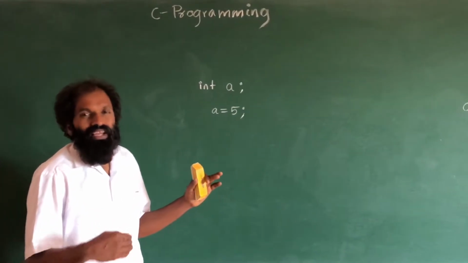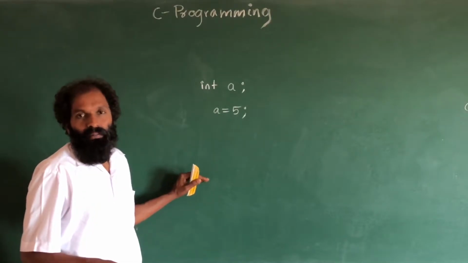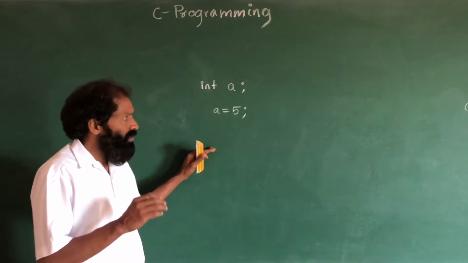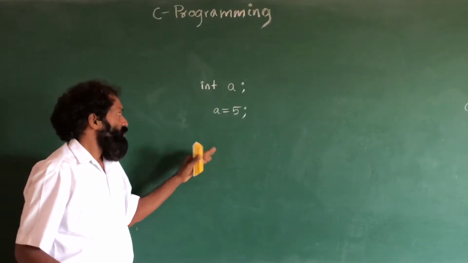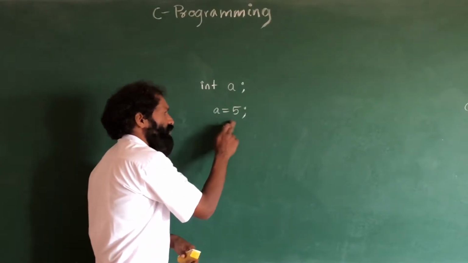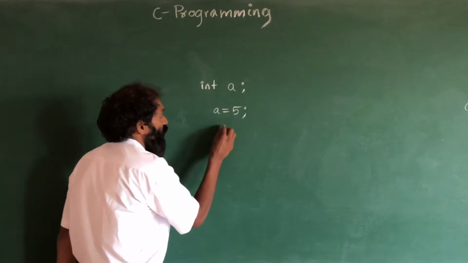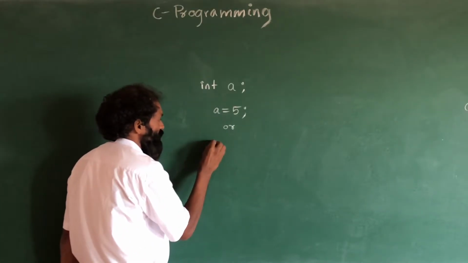If you want to display it on screen, we have to take printf and scanf. Printf means to display on screen. Scanf means to store the number from the keyboard. So with this also we can store 5, or another way is scanf.